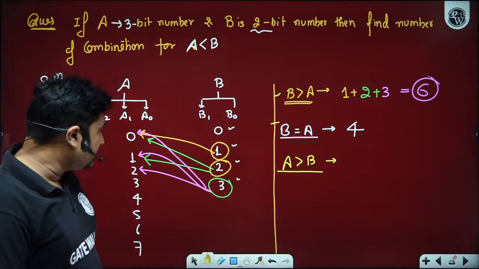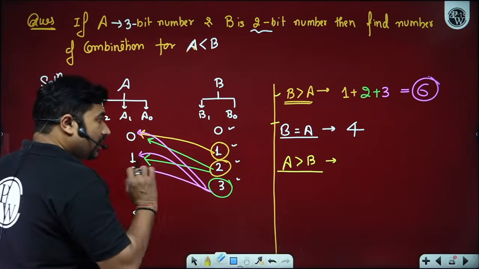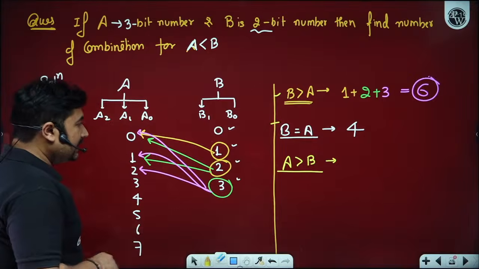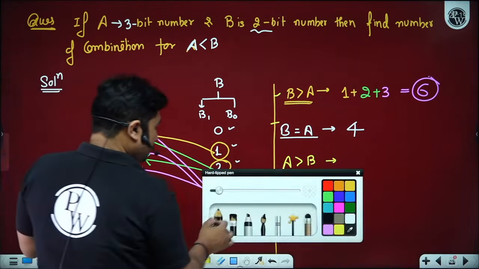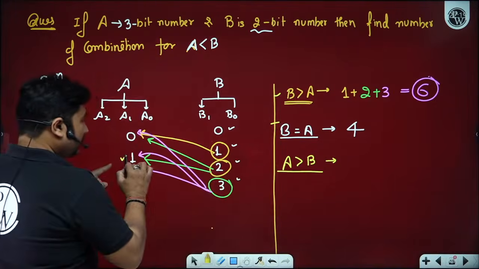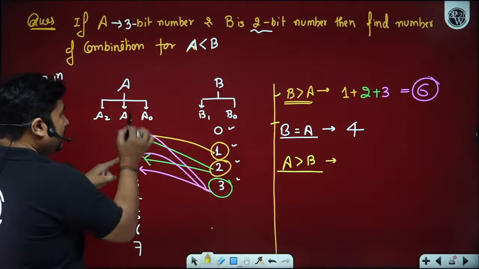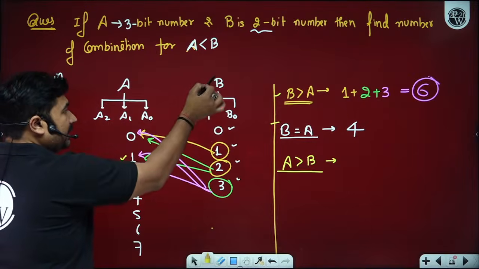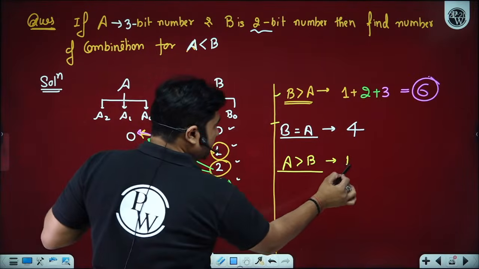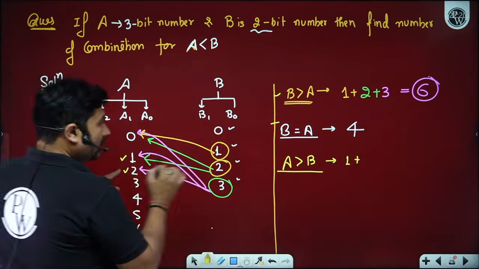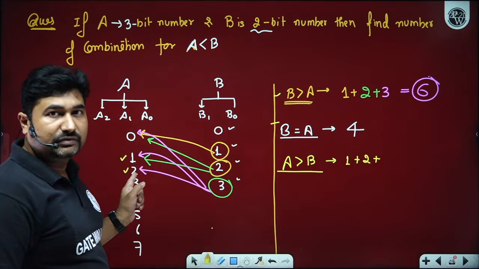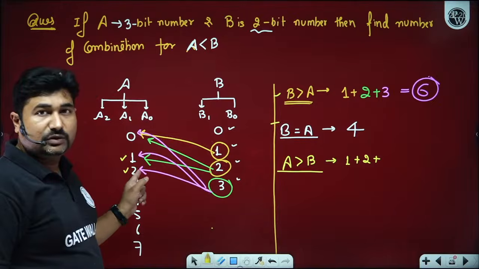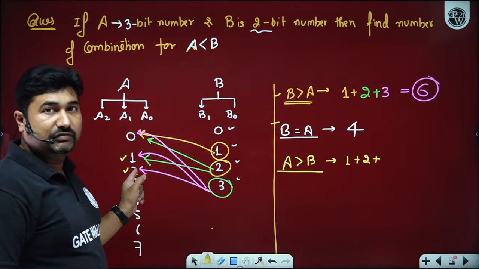Let's try to understand again. For how many combinations is A greater than B? Now please observe. For this we have one combination possible, that is A having binary of 1 and B having binary of 0. For this we have 2 combinations possible, that is A having binary of 2 and B having binary of 0 and binary of 1.